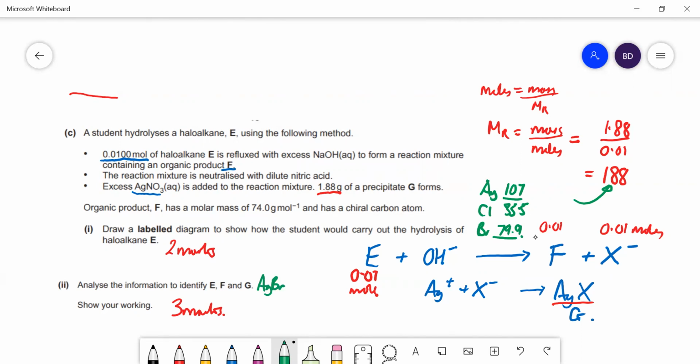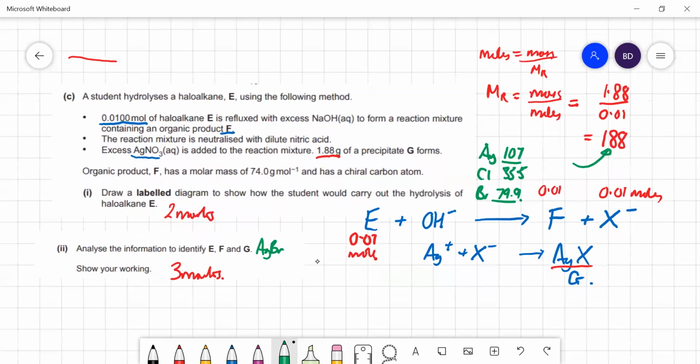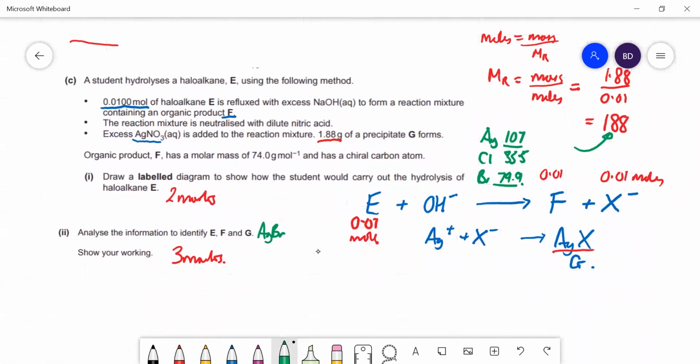Now we can identify what E and F are. F has a molar mass of 74 grams per mole, and we know F is the alcohol.